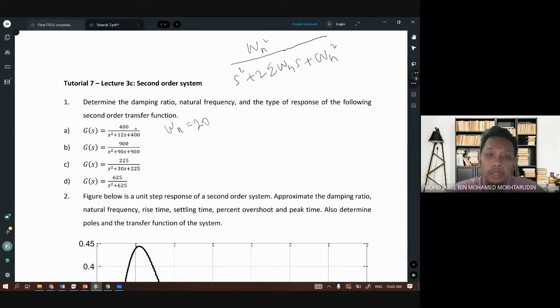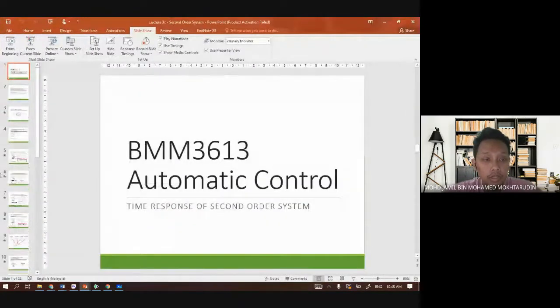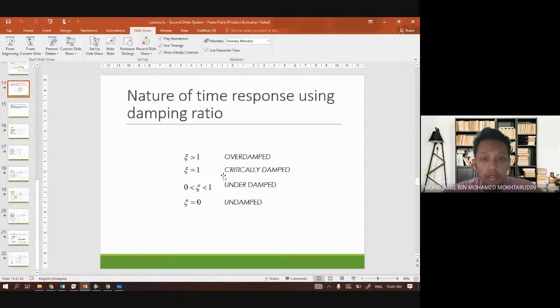And damping ratio. No calculator. So you get damping ratio equals 6/20. So 6/20, it's between 0 and 1. So the system is underdamped. Okay, so we go back to the lecture. So between 0 and 1, it's underdamped. Okay, so the system is underdamped.